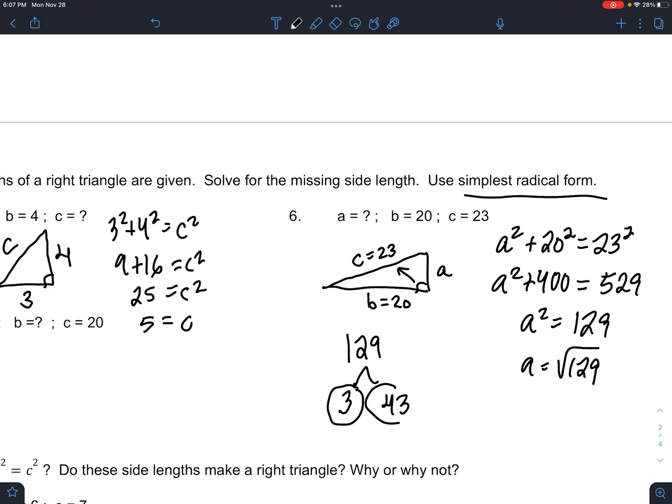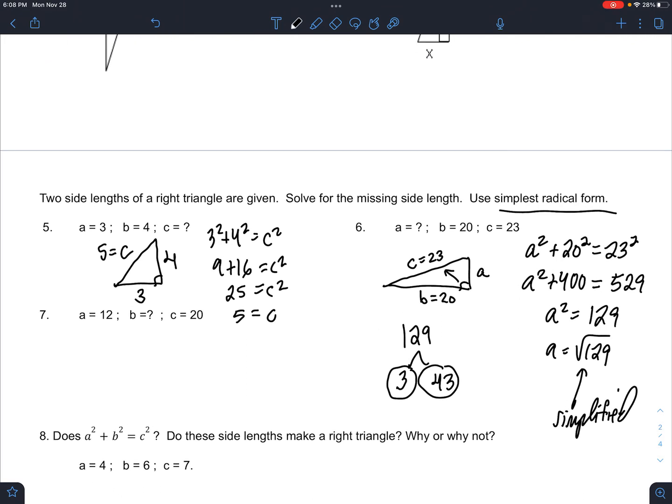Okay. So we circle this one too. And when you have this, it means that 129 doesn't have any squares hiding in it. It's just a kind of a simplistic number. So this is the answer. This is simplified. It can happen sometimes.